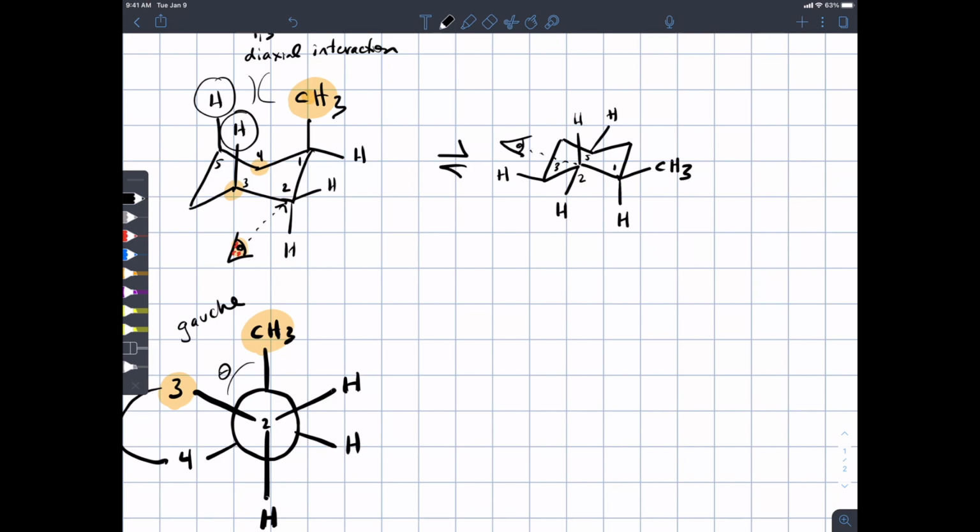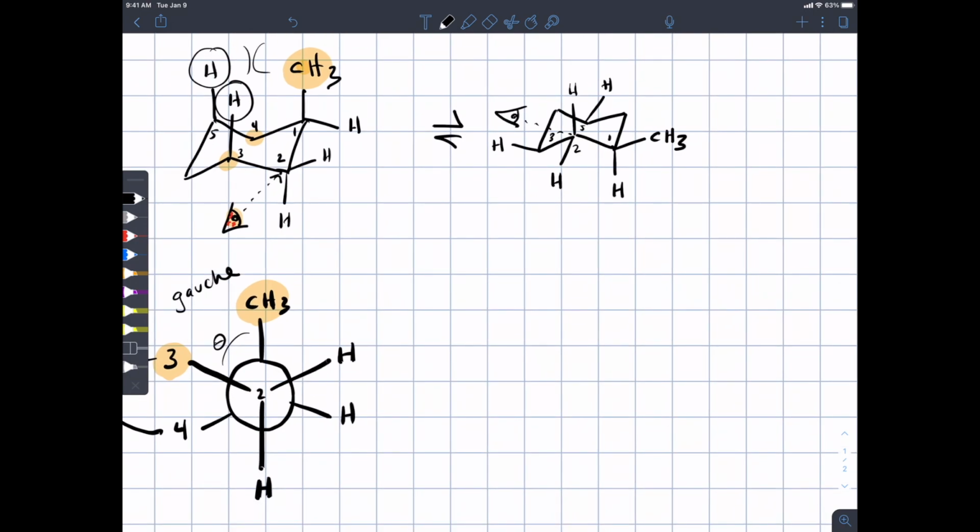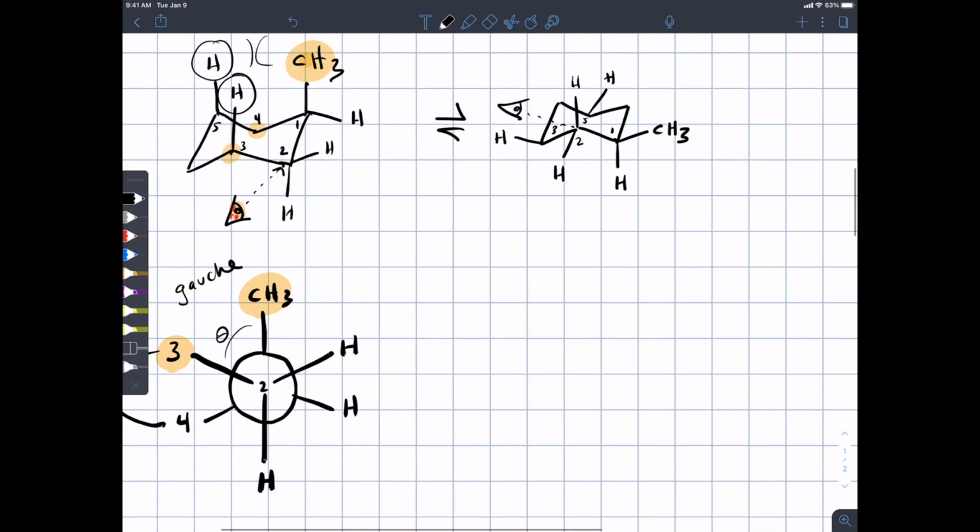And so you sort of got to put your nose in the plane of the page and look down that bond. From that perspective, here is the axial proton on carbon 2. Here is the equatorial proton. Here is atom 3 of the ring. And then in the back, carbon 1 is attached to an axial down proton and an equatorial up methyl group.